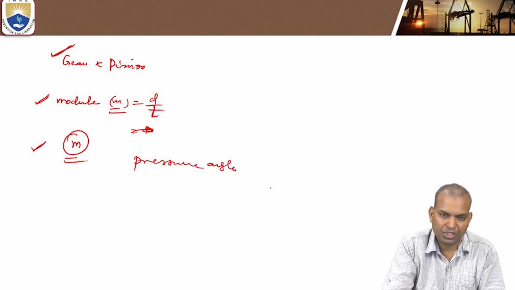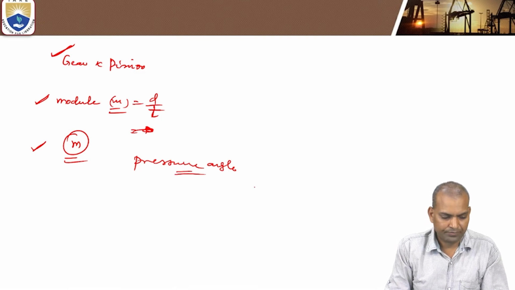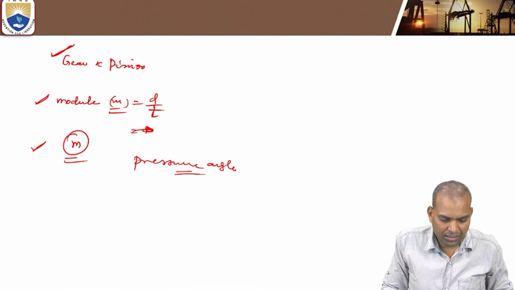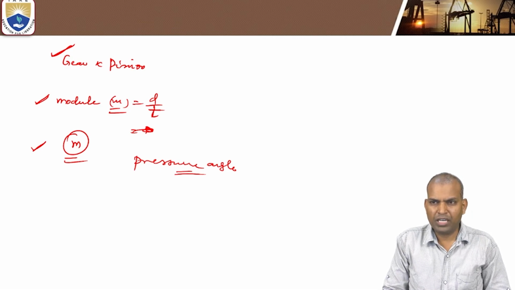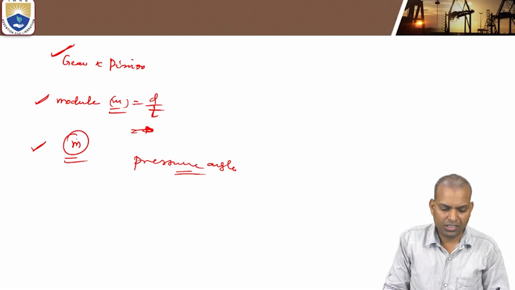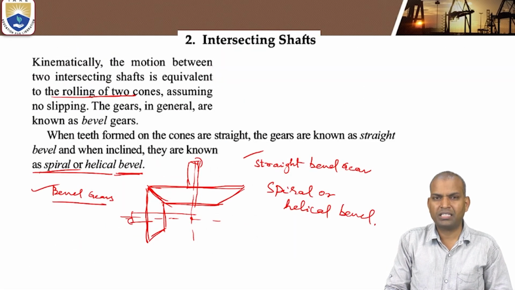As we studied the pressure angle in the case of cam drives, here also we will study the pressure angle. These are the terms and classifications you have studied now. The classification in gears, class number 2, is intersecting shafts.